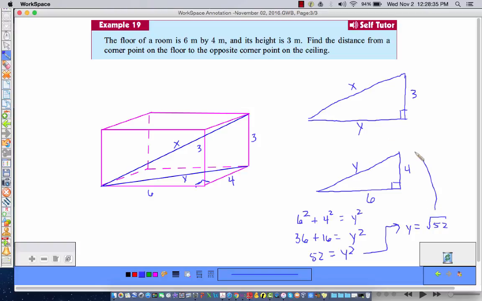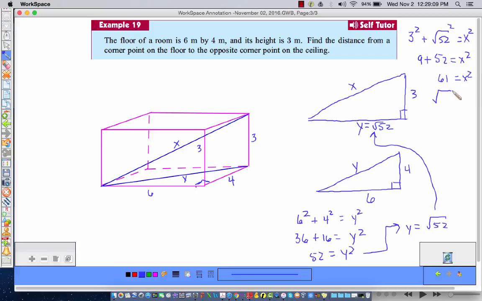So putting that in here, now I can say that, using this triangle, 3 squared plus root 52 squared is equal to x squared. So 9 plus the square root of anything squared is the anything. So the square root of 52 squared is 52. 52 plus 9 equals x squared, which is 61.